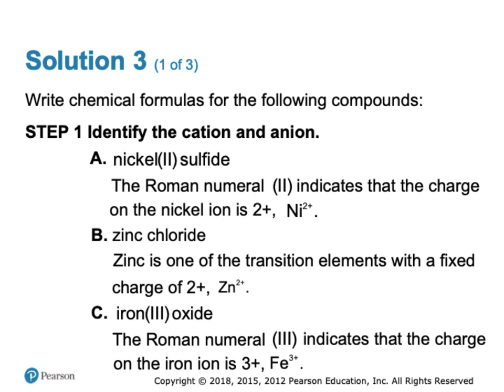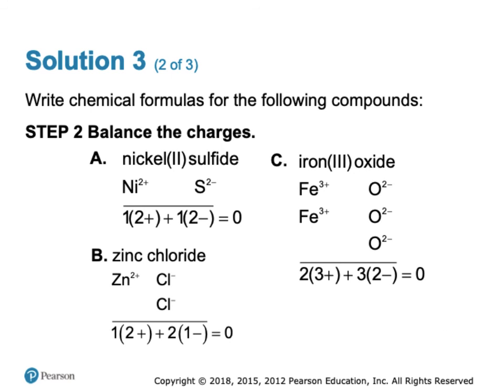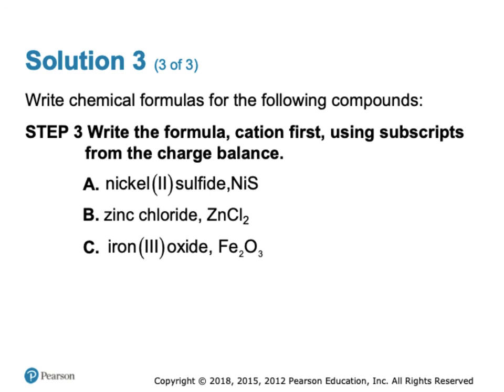Here it is just summarizing what I wrote down: nickel 2+, zinc 2+, and iron(III) is Fe3+. To balance the charges, you need 1 nickel and 1 sulfur, 2 irons per 3 oxygens, and 1 zinc per 2 chlorides. You can see here NiS, ZnCl2, and Fe2O3.